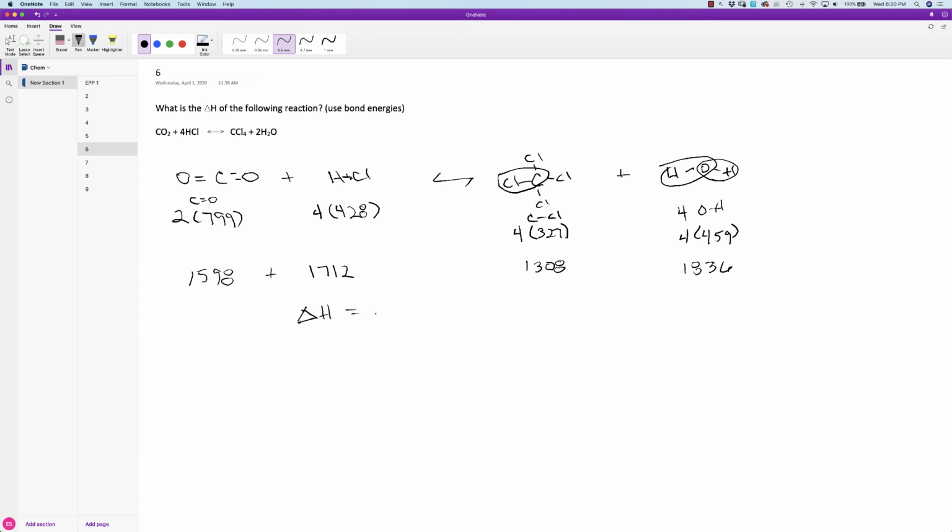All right, so our equation again, remember, enthalpy is equal to the sum of the enthalpy of formation for the reactants minus the sum of the enthalpy of formation for the products.